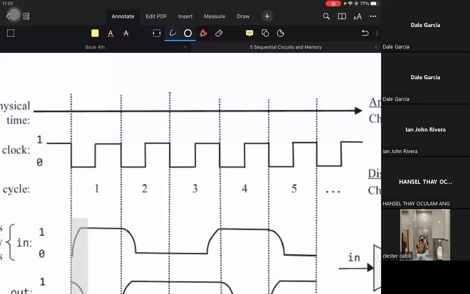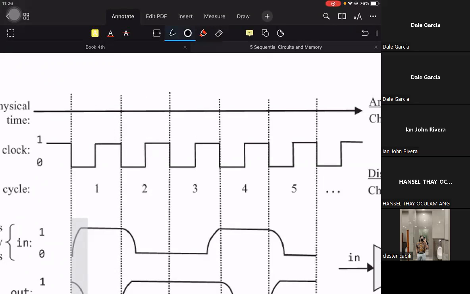So let's just focus on the first unit of time. It started with a low, and midway, halfway through the unit of time, it will go high. So low to high. It is also possible that we design our clock so that it does not start at low in the first unit, and instead goes from high to low.